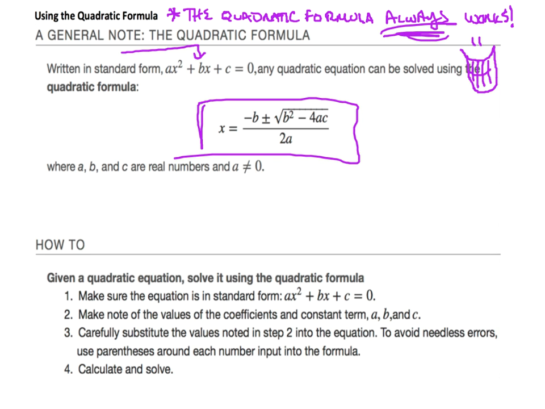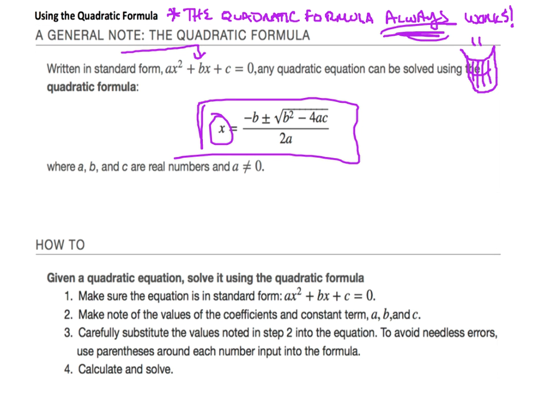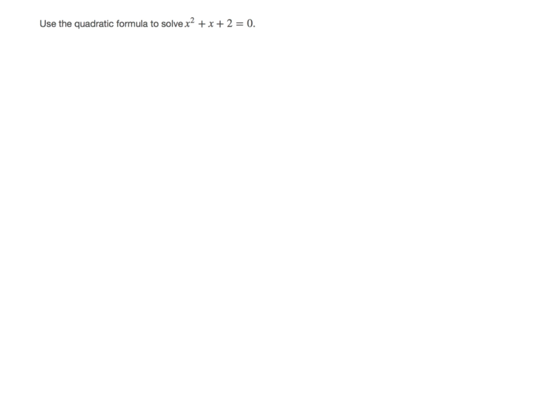So maybe you have 0 x's, or maybe you have a plus 0 on the end. But this always works. And the quadratic formula is x is equal to the opposite of b plus or minus the square root of b squared minus 4ac all over 2a. And it says x equals, so when you're solving, you're actually solving this. You don't have to do anything else but put those values in and simplify to solve.